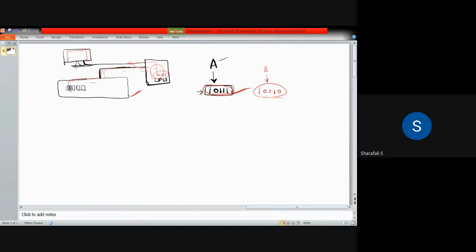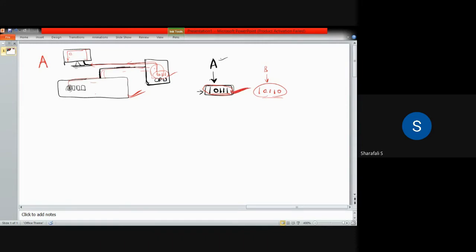The CPU will understand that this 10111 has reached here, and what you have pressed on the keyboard, and the CPU will send a signal to this monitor to light some particular LEDs or LCDs in that monitor, which will show you something like this. At the same time, the CPU will also store this data.